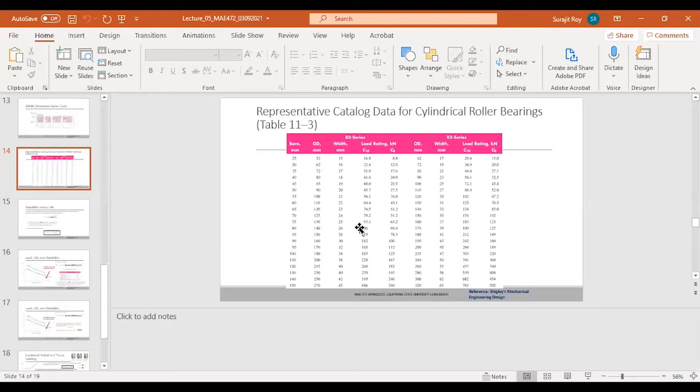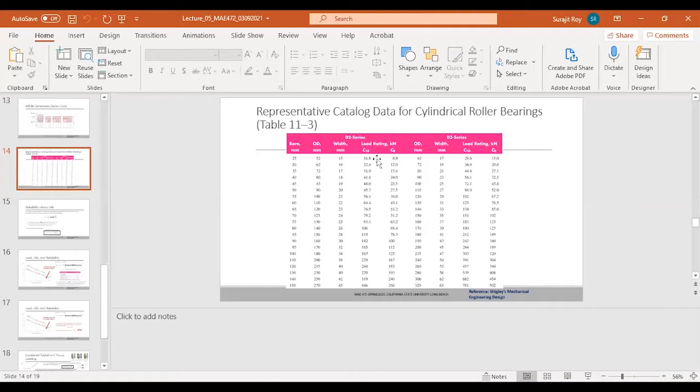For example, say the calculations that we did, which we will see shortly, come out to a C10 load requirement of 50 kilonewtons.